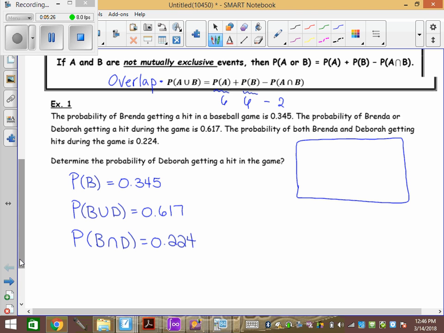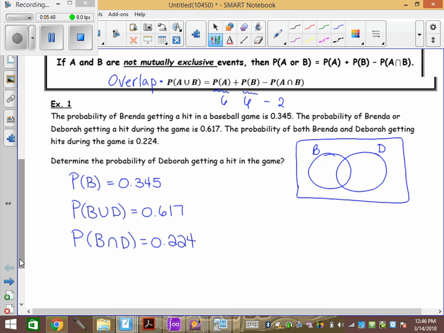Okay? So let's see what happens. We'll do it two ways. We'll do it with the Venn diagram first. So we have Brenda, Deborah getting a hit. Now, these are all decimals. What do probabilities add up to when they're decimals? 1. When they're percents, what do they add up to? 100, and they should in a Venn diagram as well. Okay?